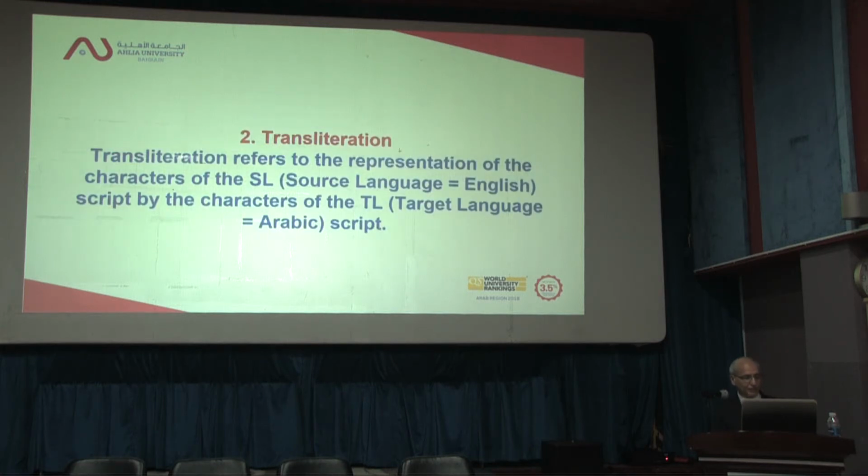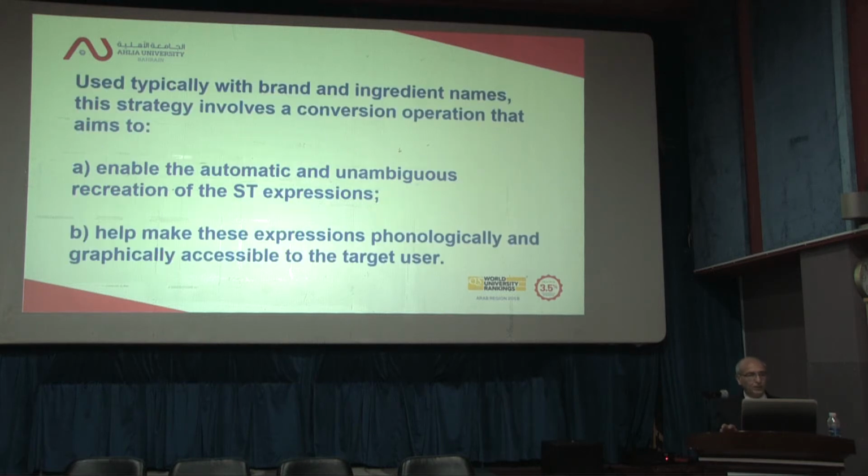Next one is transliteration. Transliteration refers to the representation of the characters of the source language script by the characters of the target language script. Now, used typically with brand and ingredient names, this strategy involves a conversion operation that aims to A, enable the automatic and unambiguous recreation of the source text expressions, and B, help make these expressions phonologically and graphically accessible to the target reader.